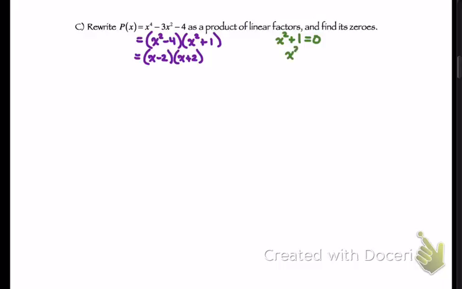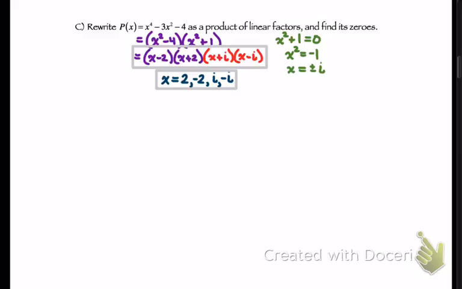If I solve for x squared, if I take the square root, I know that the square root of negative 1 is equivalent to i, so I get this plus or minus i here. In order to factor it, I'll write x minus i and x plus i. Okay, so there are my linear factors. And then if I find my zeros, voila, I'm done.